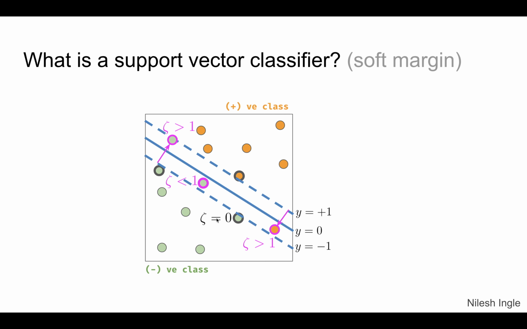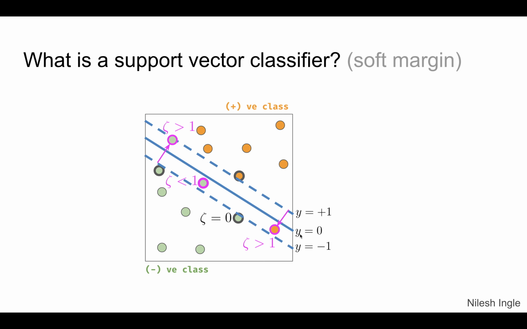And if the data points are on the right side of the class, so green dots such as shown here, or the orange dots such as shown here, then the zeta value for those would be 0. So there's no penalty for those because those are correctly classified data points for each of those classes.